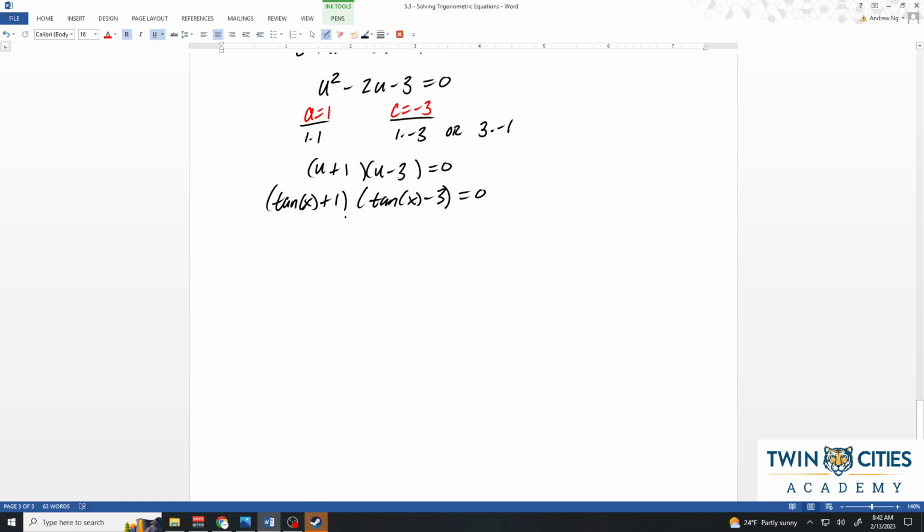Okay, then let's split this up. Since these are multiplied together and they equal 0, at least one of them must be 0. So I'll say tangent of x plus 1 equals 0, or tangent of x minus 3 equals 0.